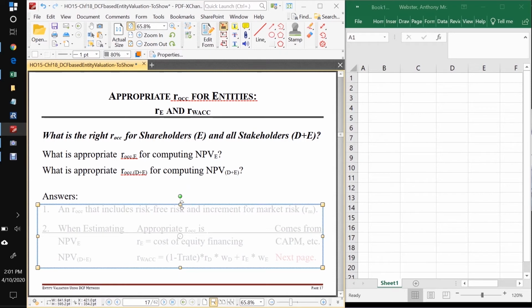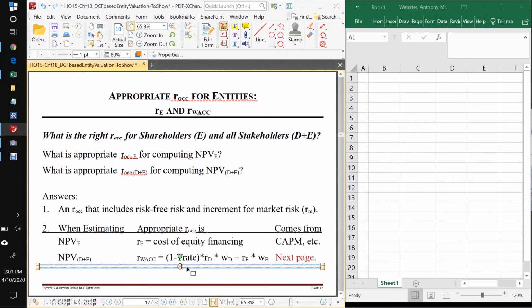And so what are the right costs of capital discount rates to use? Two answers to this question. We want to have, of course, an opportunity cost of capital that includes risk-free risk and an increment for our market risk, because we've got project risk in the cash flows, and if we do this, we'll have all our cash flows. So that's good.